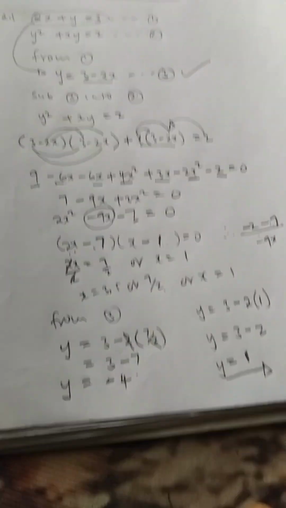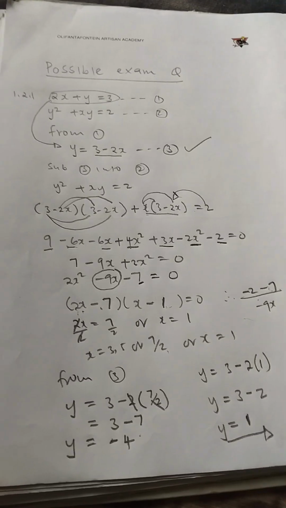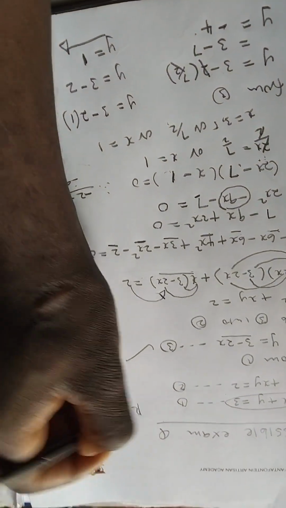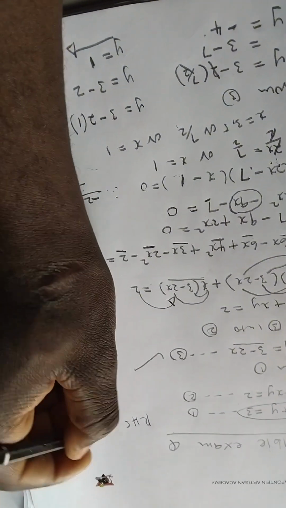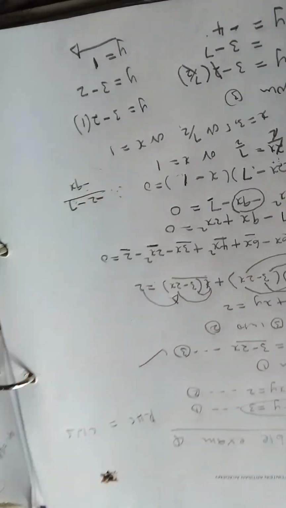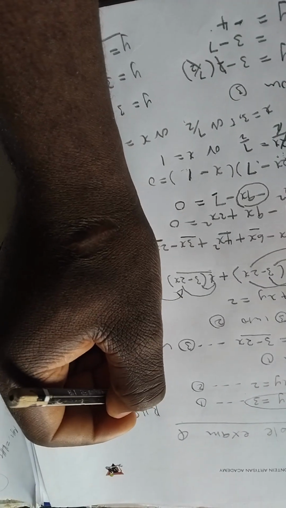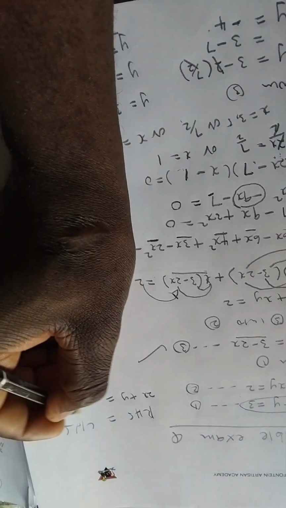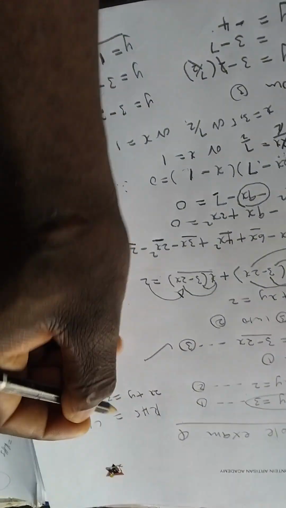So here we need to prove. Now we're proving: the left hand side is equal to the right hand side. From equation 1, 2x plus y is equal to 3. 3 there, 3 here.